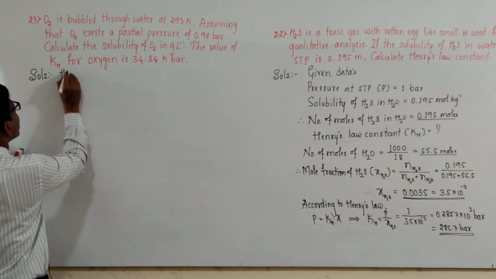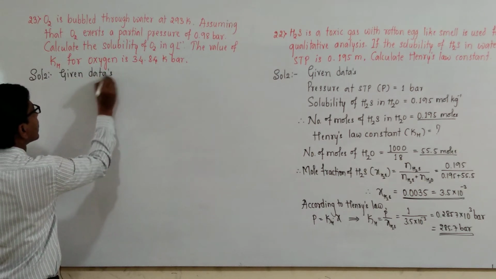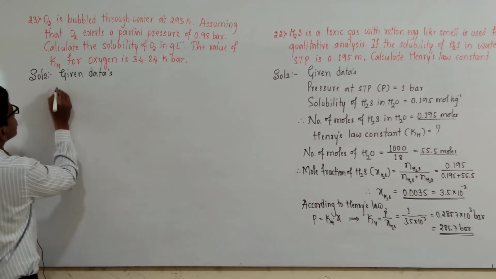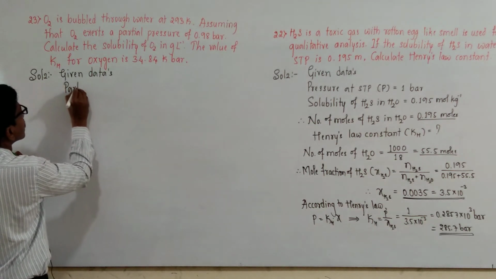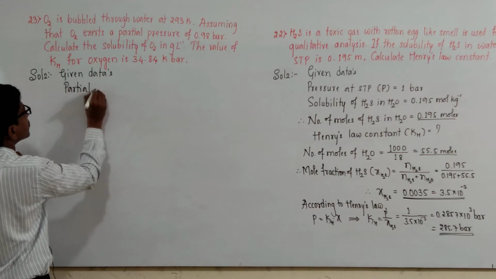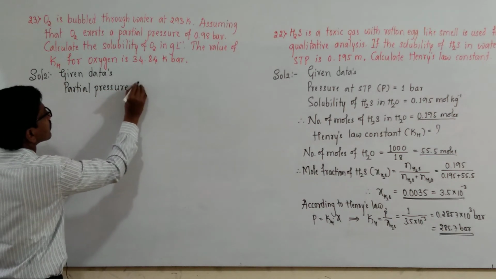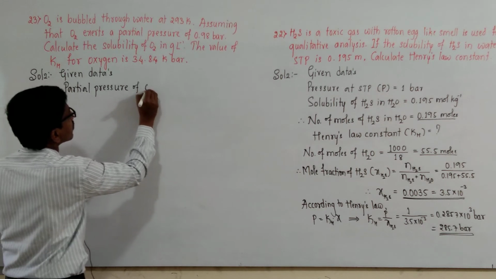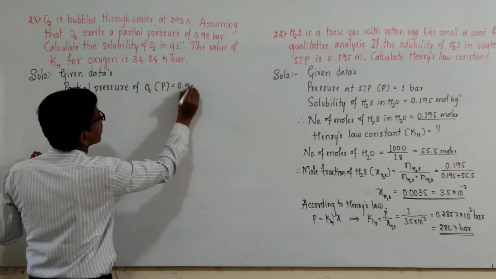Solution: see what the given data are. The partial pressure of O2 is equal to 0.98 bar.